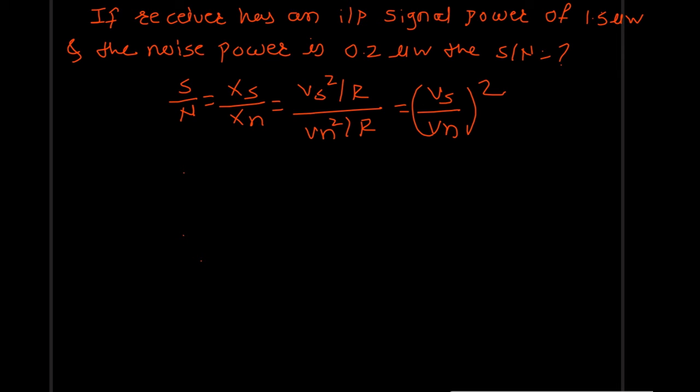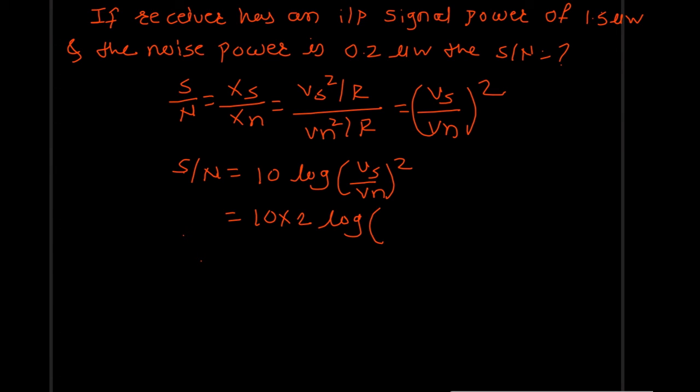But we calculate the noise in decibels, so we have to take the term in logarithmic form. So S by N is equal to 10 log of Vs upon Vn whole bracket square, which is 10 into 2 log of Vs upon Vn.